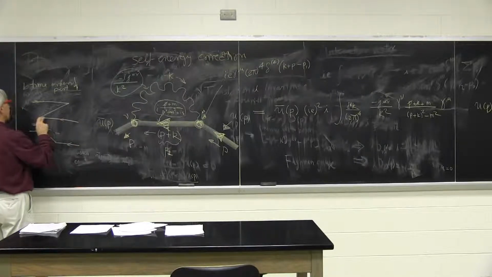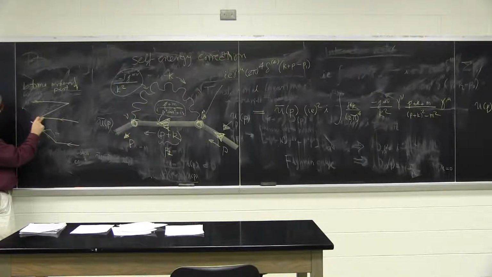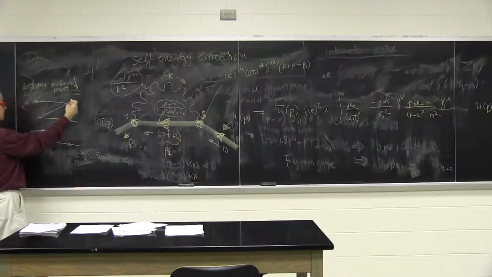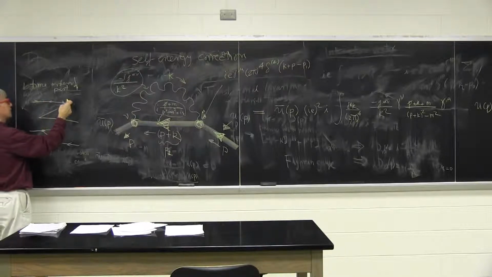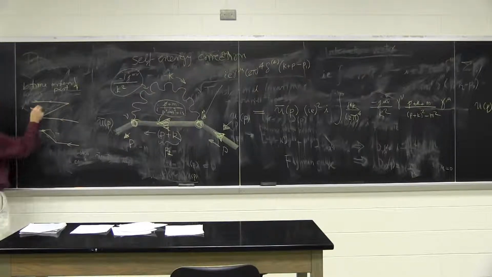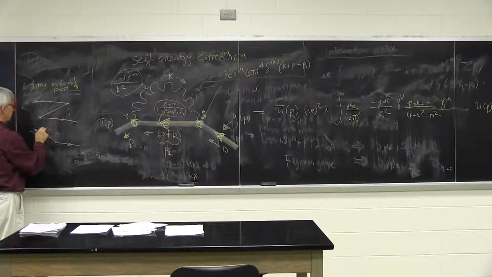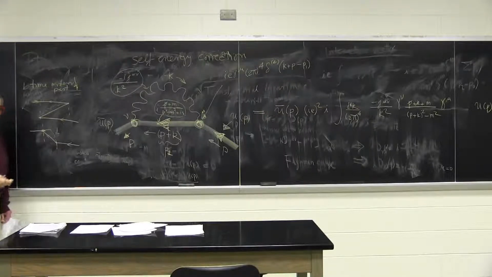Or you go and you suddenly collide with a photon and an antiparticle here, while this guy was created by the photon. And these things can both contribute. They're both Feynman diagrams of time-ordered perturbation theory. So when you do condensed matter, you actually have to do this.